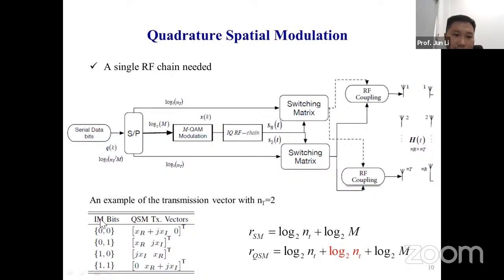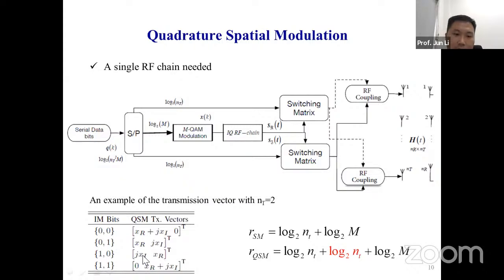So there are 2 index spaces. The first one controls the index for XR, and the second one controls the index space for XI. For example, if we have 1 and 0 with only 2 transmit antennas, the 1 means XR will be transmitted through the second antenna.